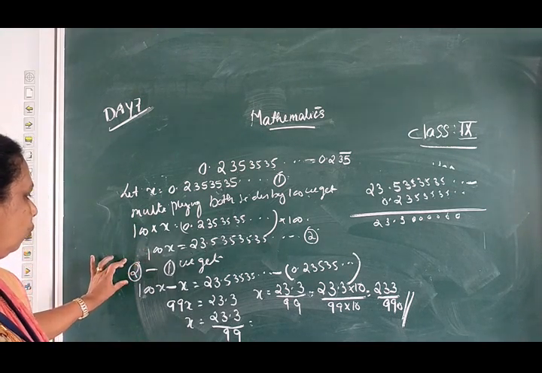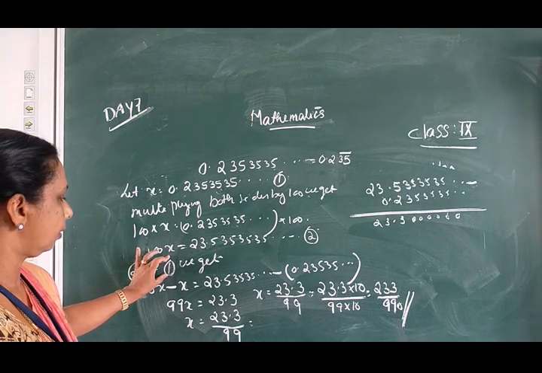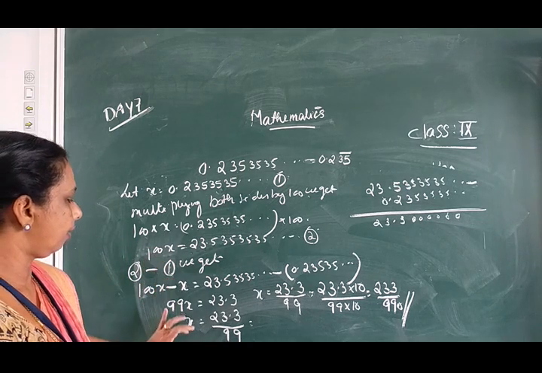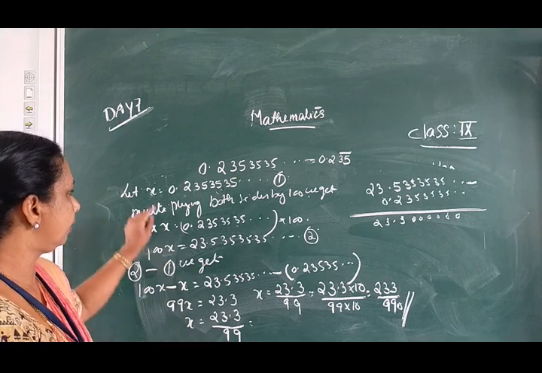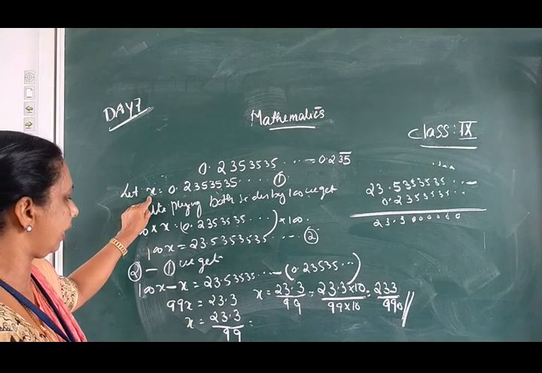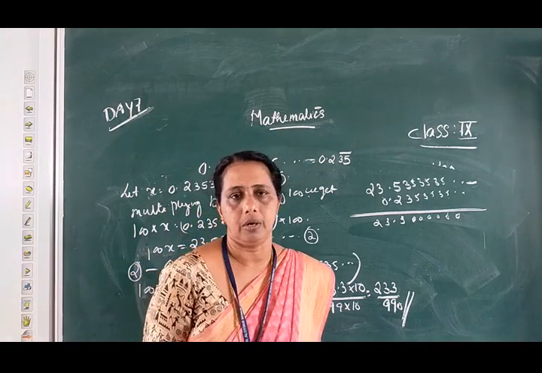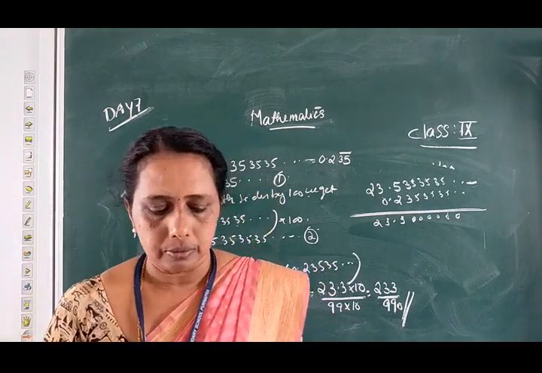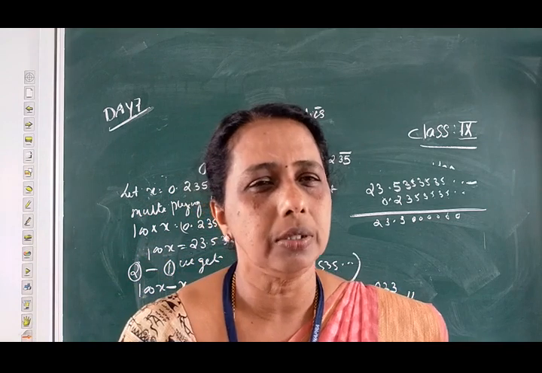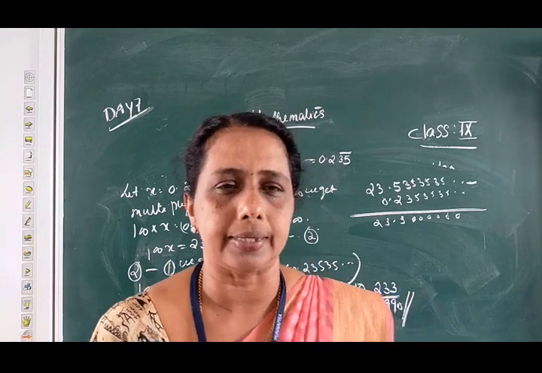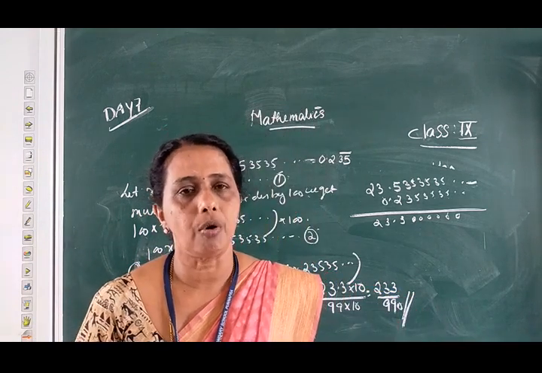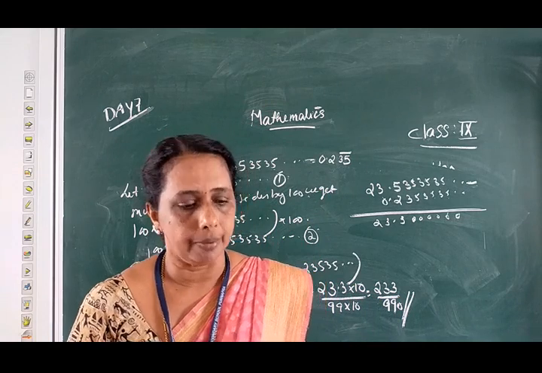Then equation 2 minus equation 1, simplify, and we get x in the form of a rational number. So we can convert the given non-terminating recurring decimal into a rational number.